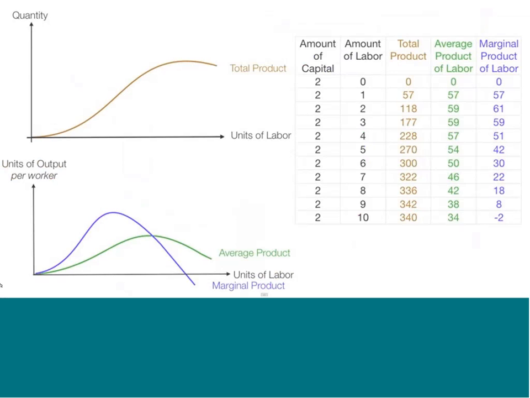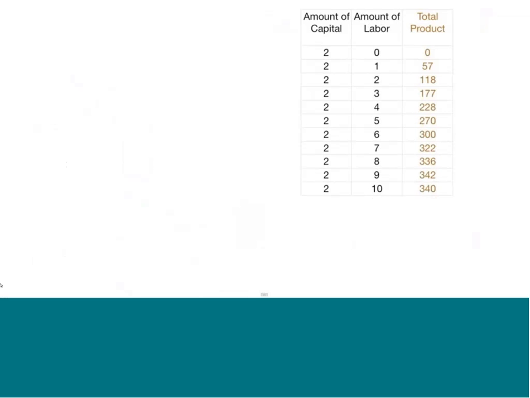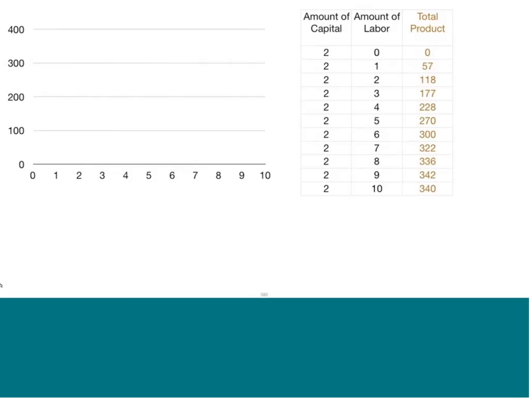And I'll try to go slow. The amount of capital in my example is fixed at 2, and I'll vary the labor. And I also know the total product. This is a given. Now, if I plot labor along the x-axis and quantity along the y-axis, I can draw in the total product curve.